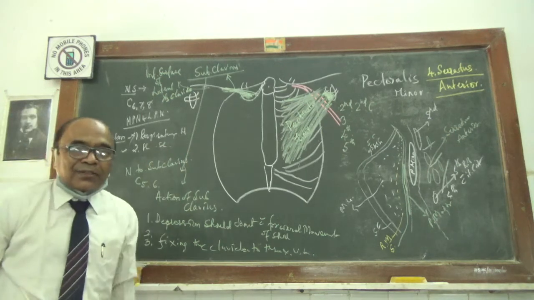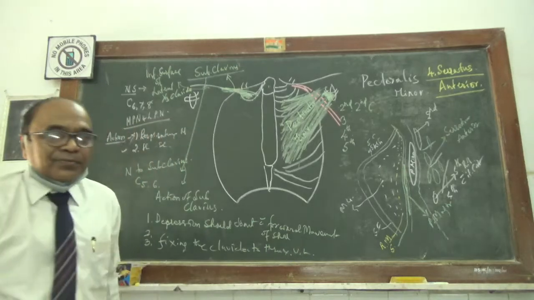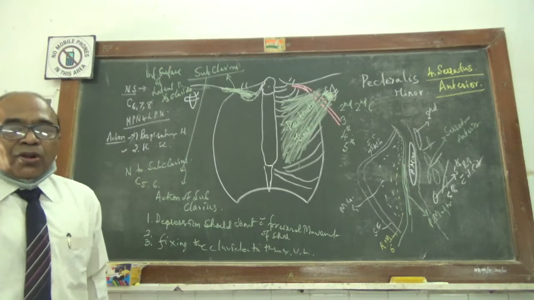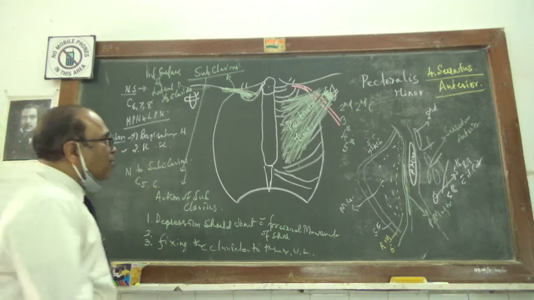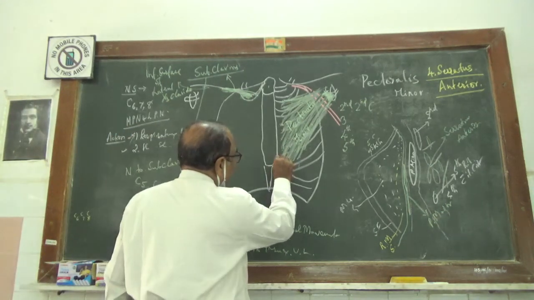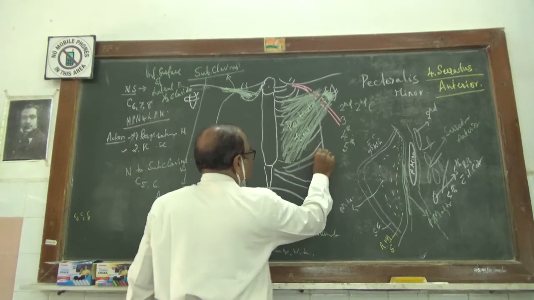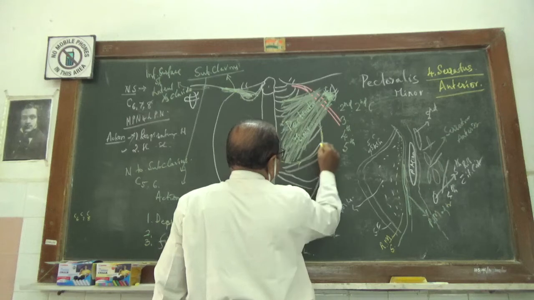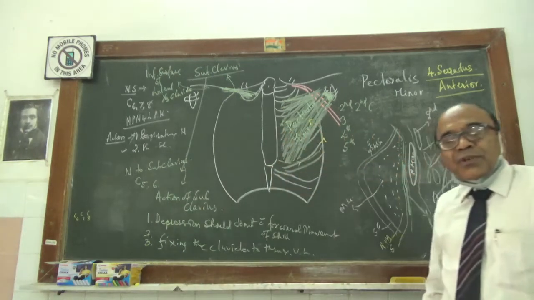Now this serratus anterior muscle is a broad, thin sheet, and this muscle will surround the thorax in front, laterally, and then behind. So you have got the 3 directions for this muscle.